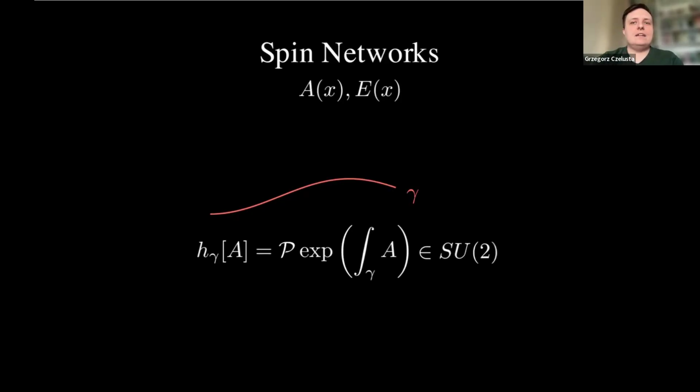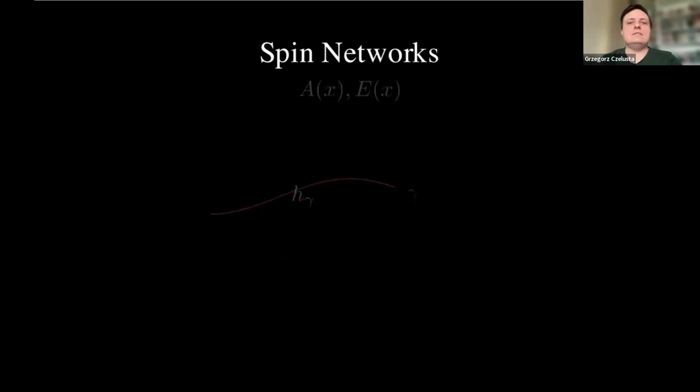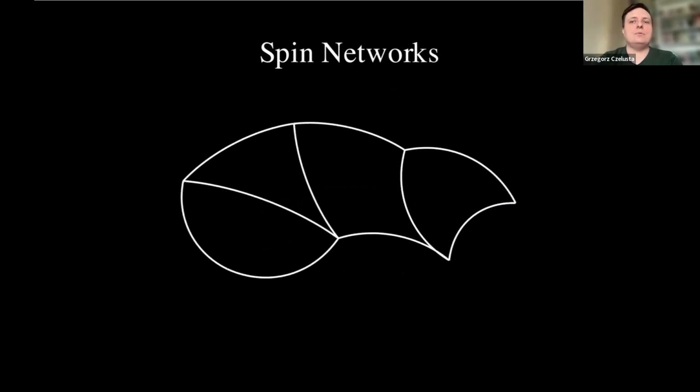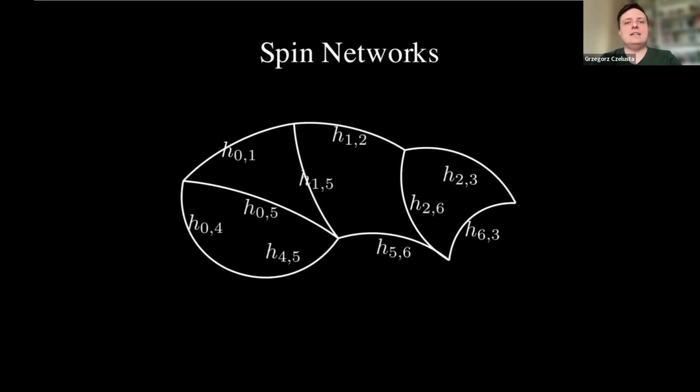It is an element of the SU2 group, and it is a very convenient variable to use in the quantum theory. So now, instead of describing geometry directly by fields defined at every point of space, we can probe space using a network of paths. And to each path or link, we can assign a holonomy that is an element of the SU2 group.